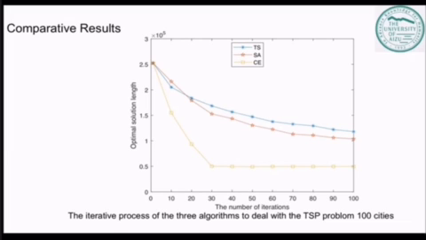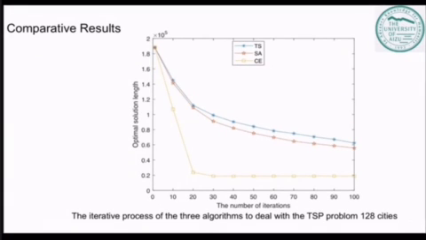From the line chart, we can see that in the iterative process of the chaotic evolution algorithm, the current optimal solution changes much faster than in the simulated annealing algorithm and tabu search algorithm. The current optimal solution of the chaotic evolution algorithm quickly converges to the global optimal solution. However, neither the simulated annealing algorithm nor the tabu search algorithm converges to the optimal solution in a limited iteration process.